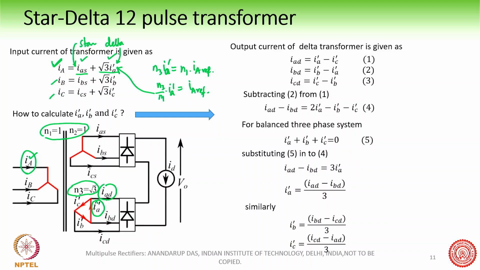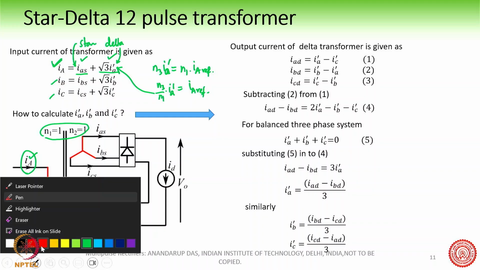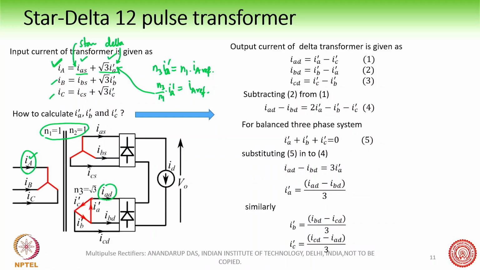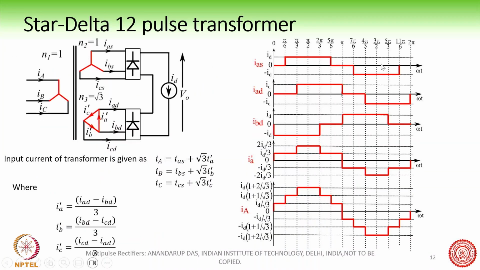Now by applying KCL at this point, we can immediately see that IAD, this current, is the sum of IA dash and minus IC dash, right? Similarly, IBD and ICD are similar. So we do a little bit of mathematical manipulation, and we subtract 2 from 1.